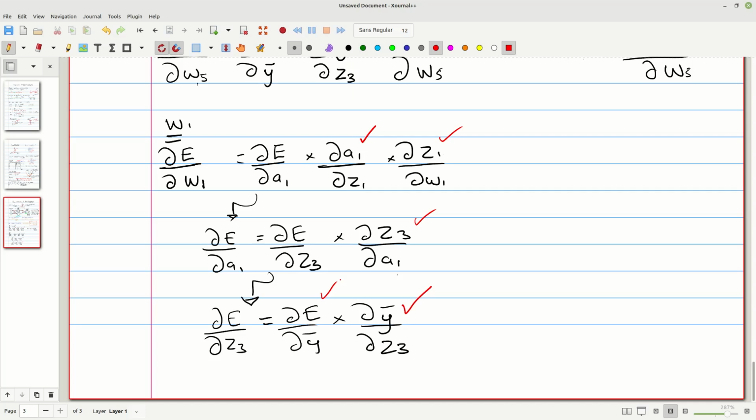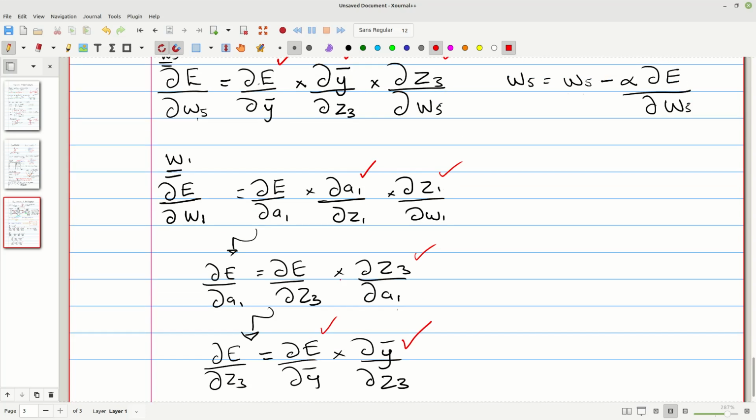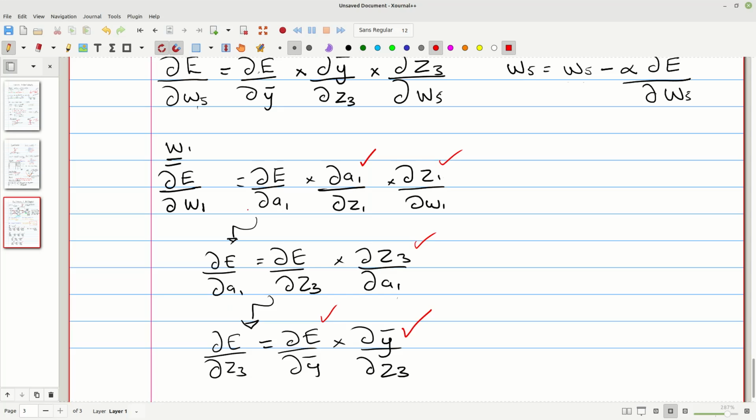And of course, the reason why all of this works is that if we cancel these terms, we end up with dE over dw1, and the same goes here. So by breaking it down like this, we can compute the partial derivative of e with respect to z3, then e with respect to a1, and e with respect to w1.